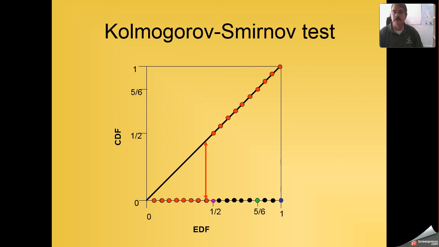So the Kolmogorov-Smirnov test uses the biggest difference in the QQ plot to convert the visual image of the QQ plot into a test statistic with an associated p-value. The test still being the same as with the chi-square test, namely the hypothesis being that our model fits the data.